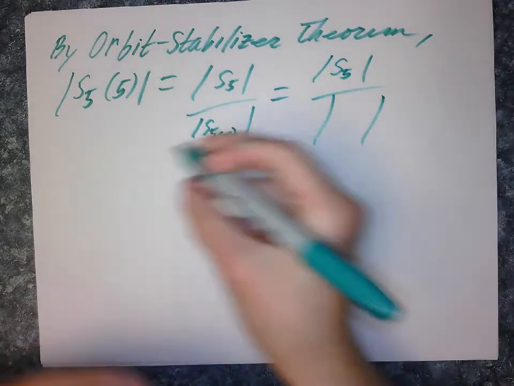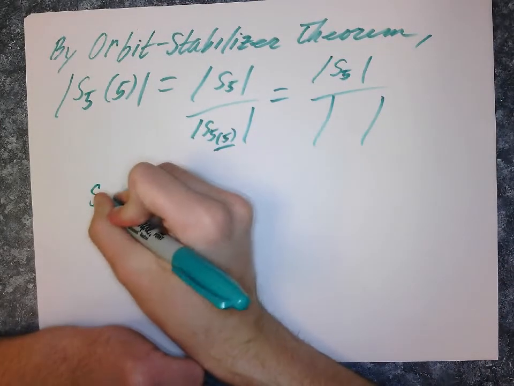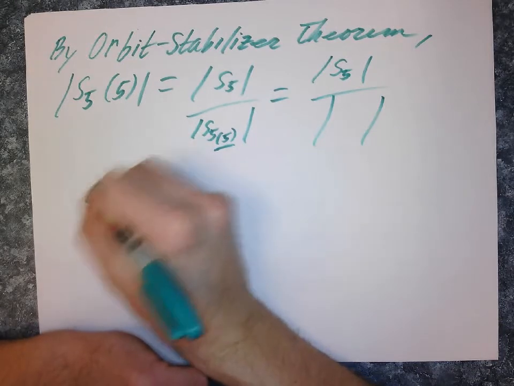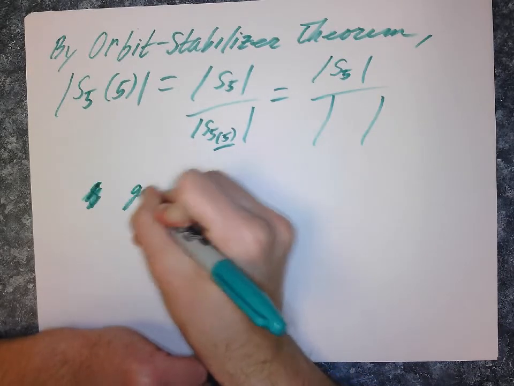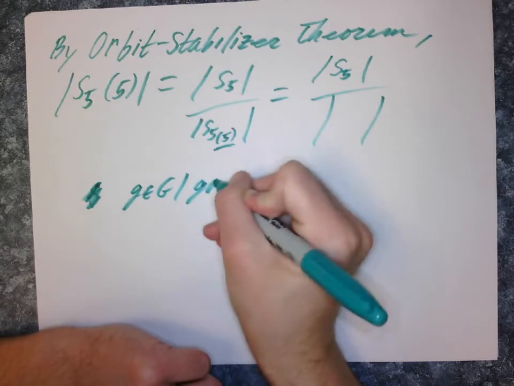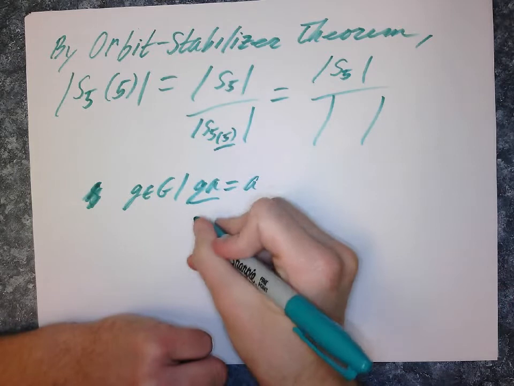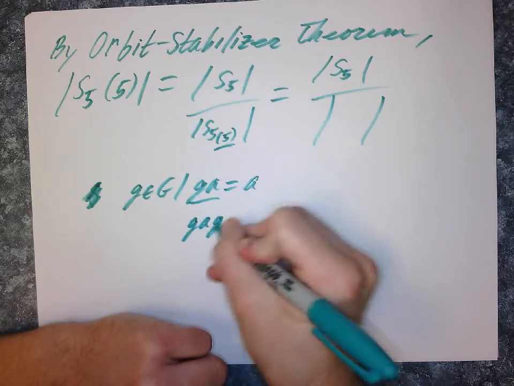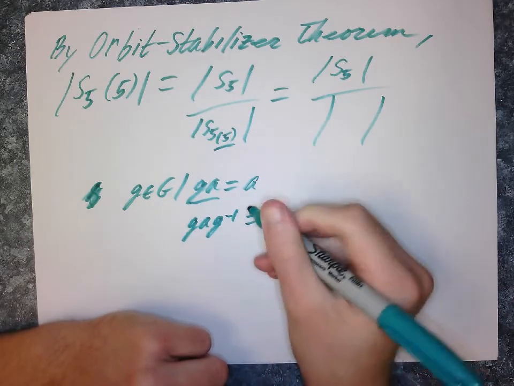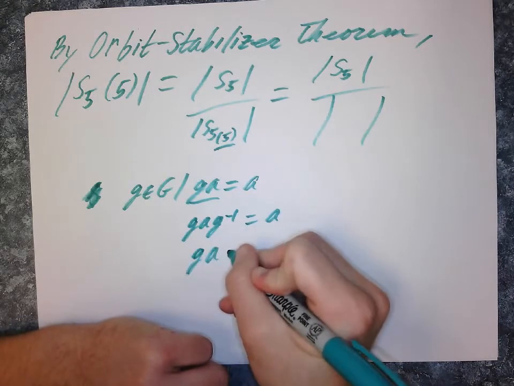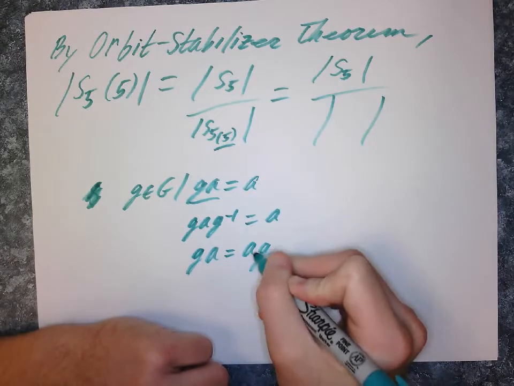Well, remember, the stabilizer is going to be all of the g in G such that g·A, the action of g on A, is equal to A. But in this case, that's gAg inverse, our action, equals A. You can rewrite this as gA equals Ag.